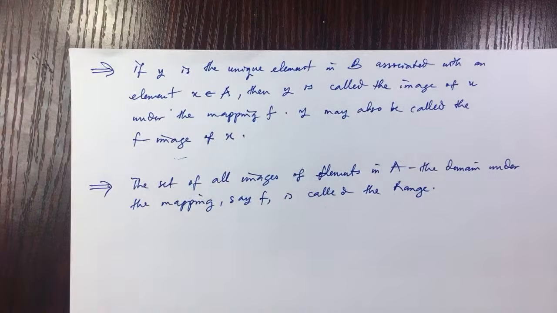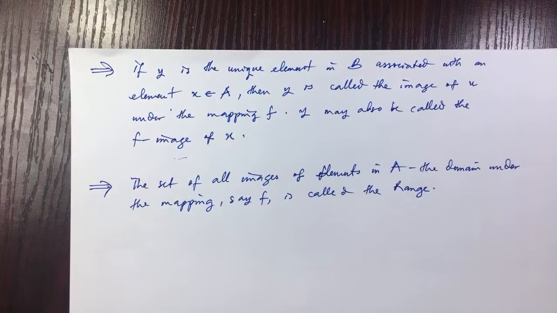So if you put all the images of elements in A in the codomain together, it will make a set called the range. And what that means is the range is a subset of the codomain. Okay? So what is the range again? The range is a collection or a set of all the images of elements in A under the mapping F. Okay? And for that reason, the range is usually a subset of the codomain.